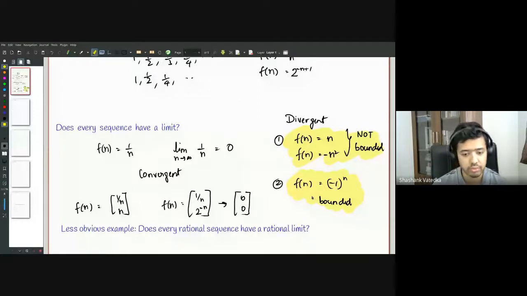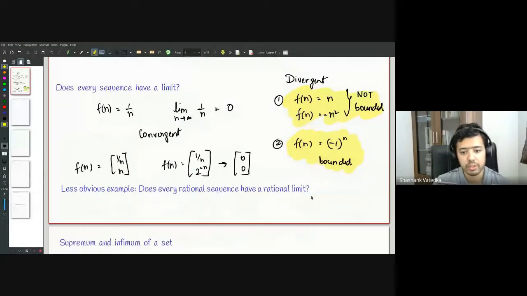So in particular, we will say that the sequence does not converge. So for example, let's look at sequences defined over the rational numbers. Okay. So does every rational sequence have a rational limit? Is it possible to have a rational sequence, but it converges to something else?